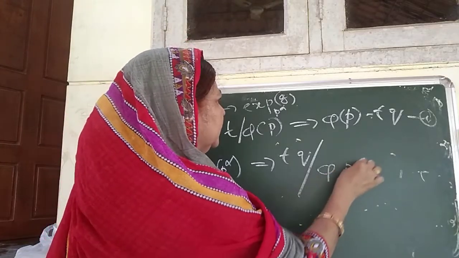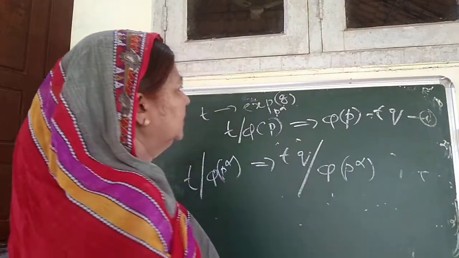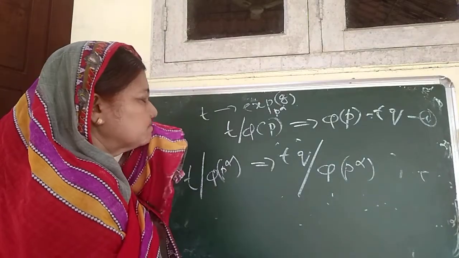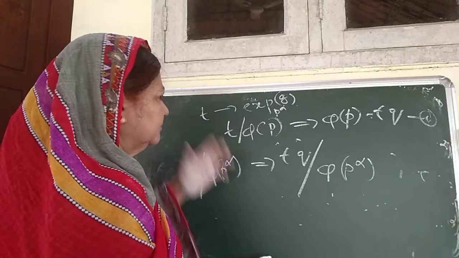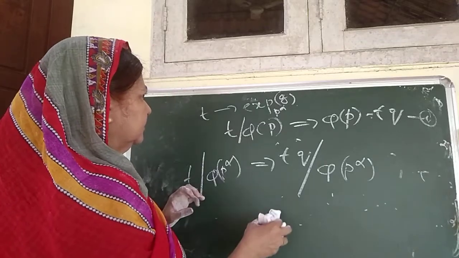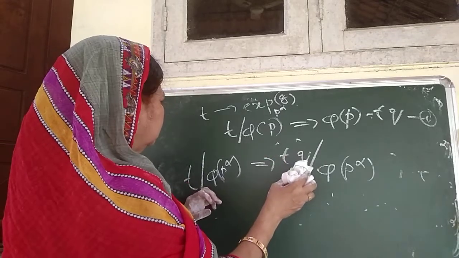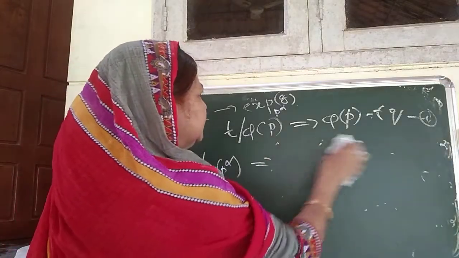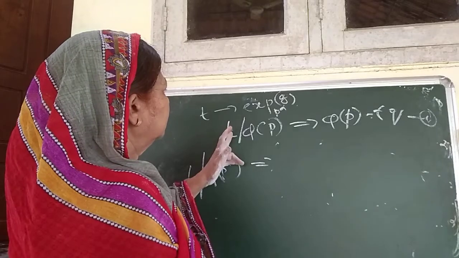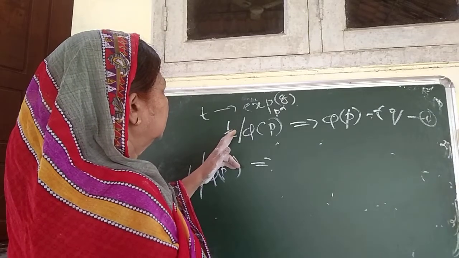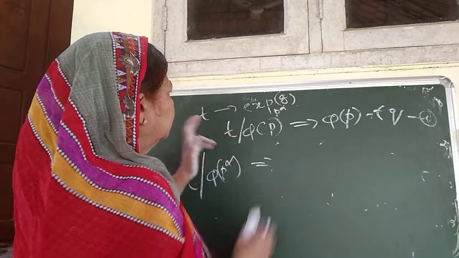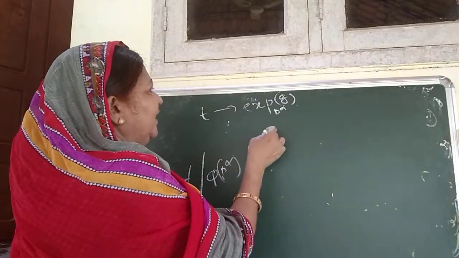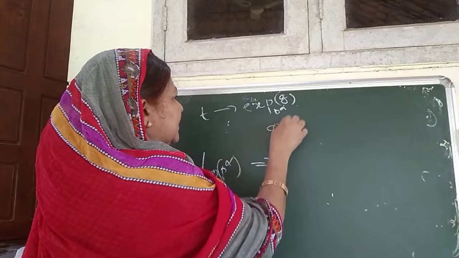Phi of p raised to alpha. T divides phi of p raised to alpha. Also, since t is the exponent of g, that means phi p is the exponent.